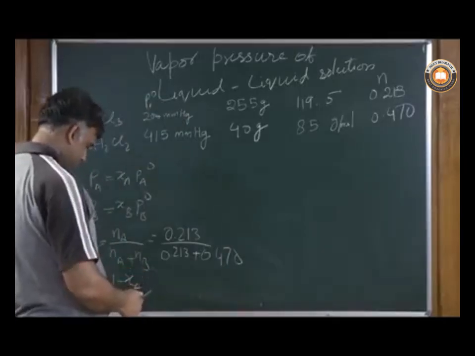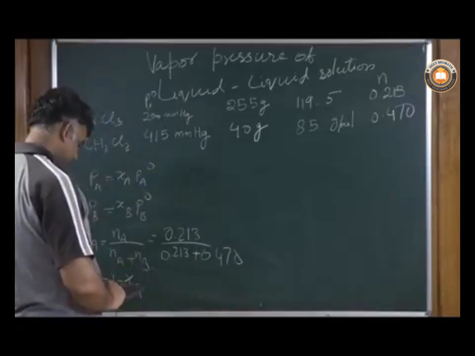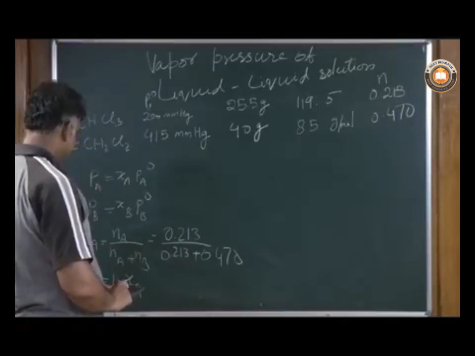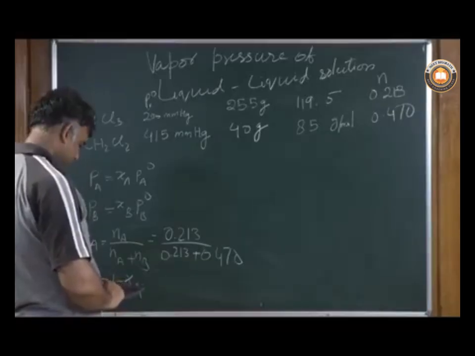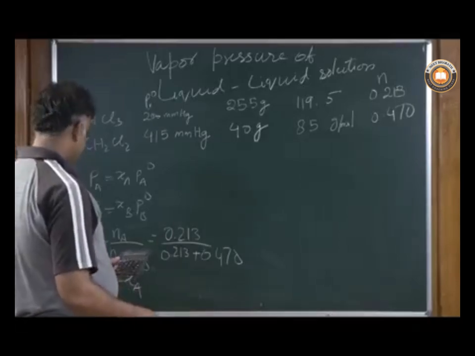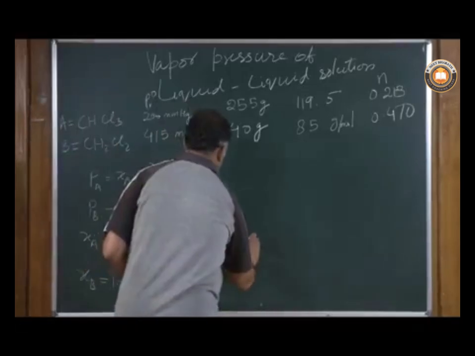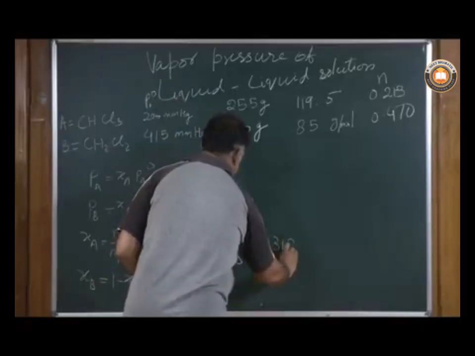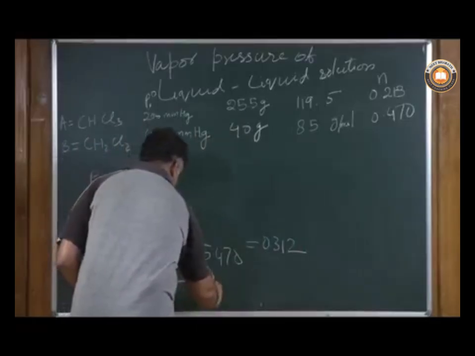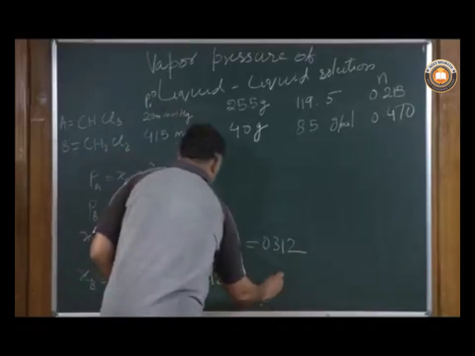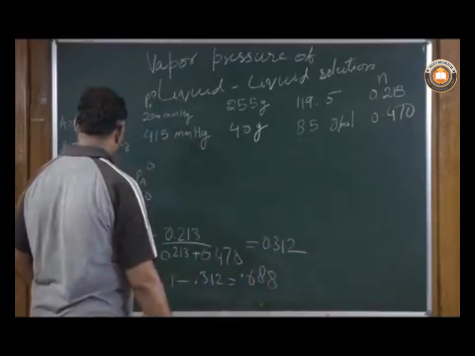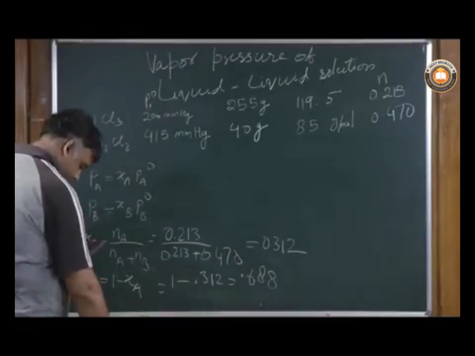So, using calculator, 0.213 divided by 0.683, I get the answer 0.312. And of course, using this formula 1 minus 0.312, I get 0.688. Now, I have all the information required.